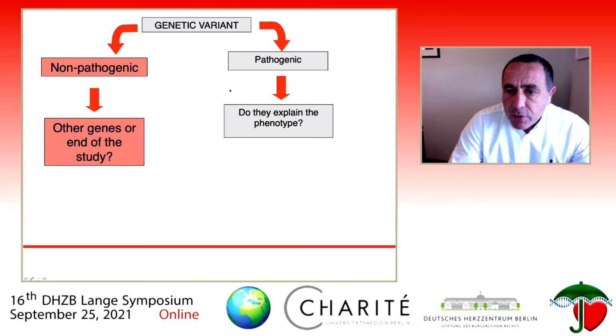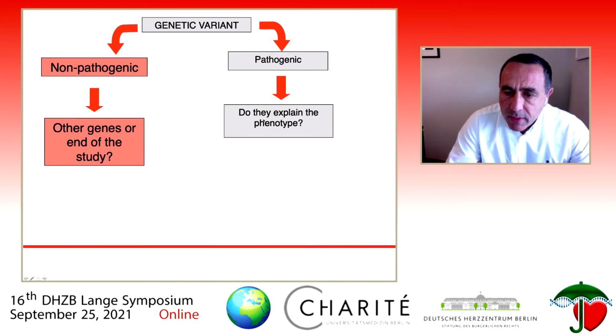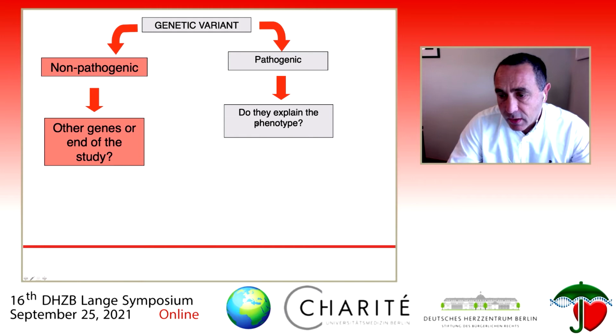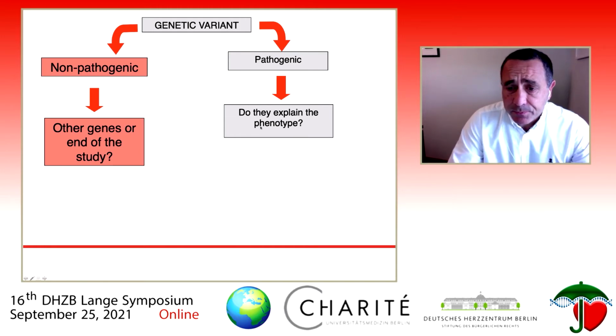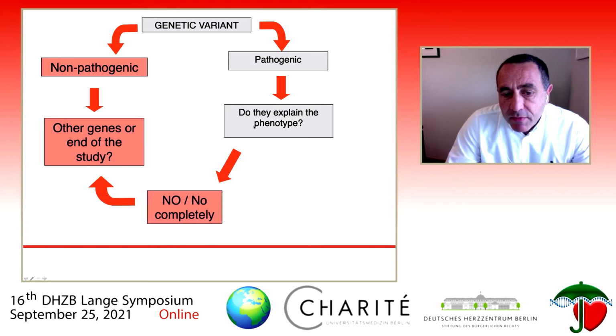But if the variant is pathogenic, the first question is whether the variant explains the phenotype. For this, we need previous information about the phenotype related to the variant. If the variant does not explain the phenotype of the patient, we have to know whether it explains the phenotype of the family. If it doesn't, then we are in the first situation: consider other genes or end the study.